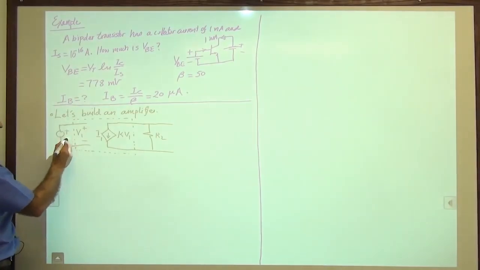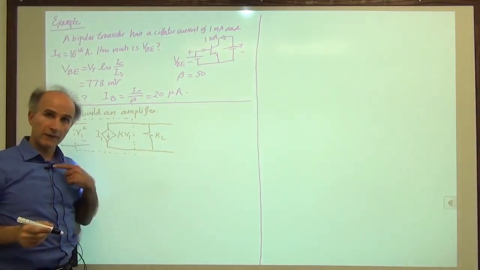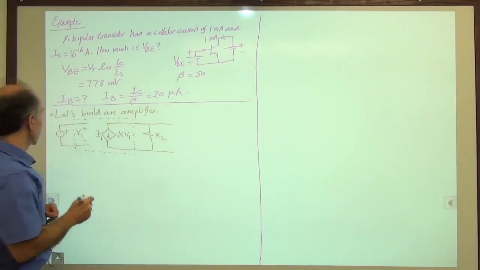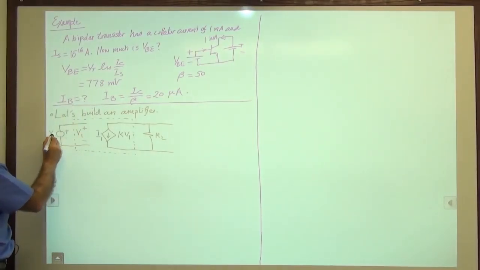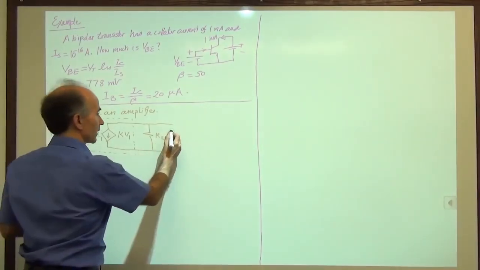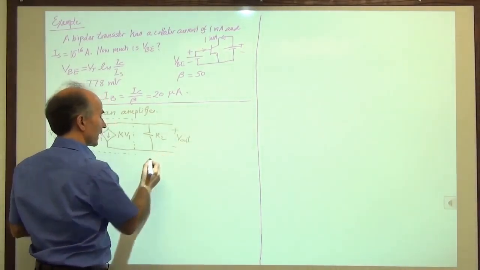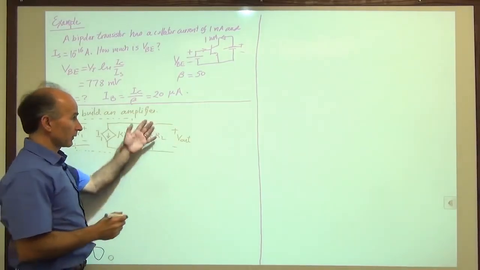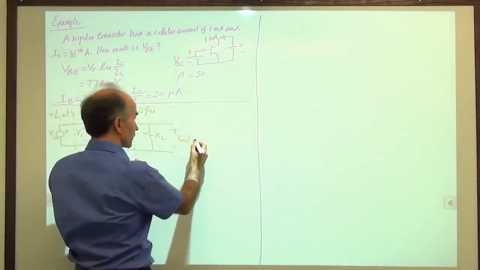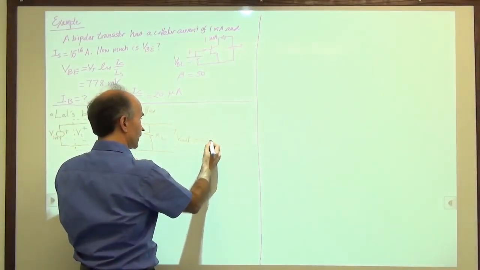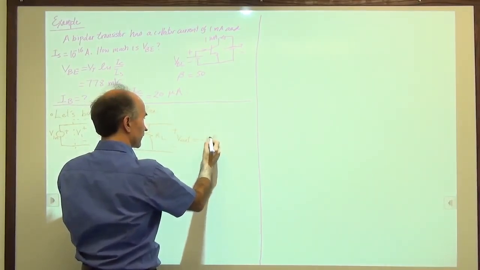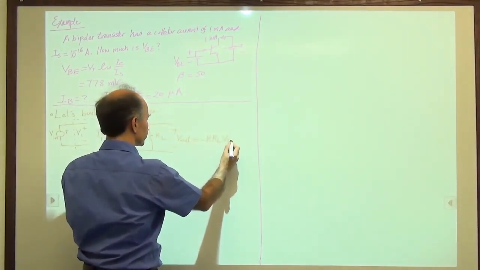For example, my voice that goes through this microphone. So that is the input to the amplifier. This is the output. And we saw that V out, after we did the calculations, is equal to minus K times RL times V in.